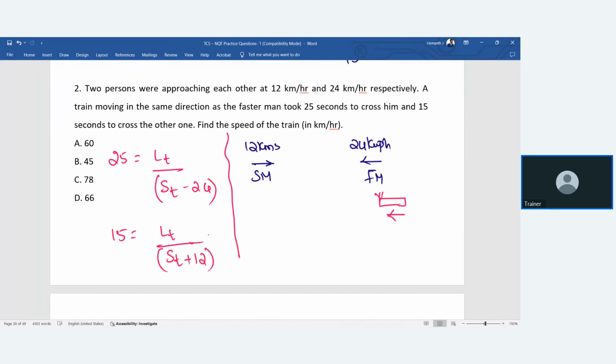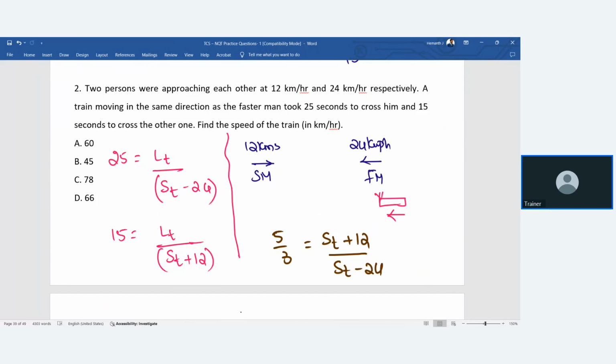Previously minus 24, this is plus 12, because now the train is crossing the slower man in the opposite direction. As we want the speed of the train, we can divide these two equations, and we'll get 5 by 3. LT will get cancelled. ST plus 12 divided by ST minus 24 is 5 by 3.